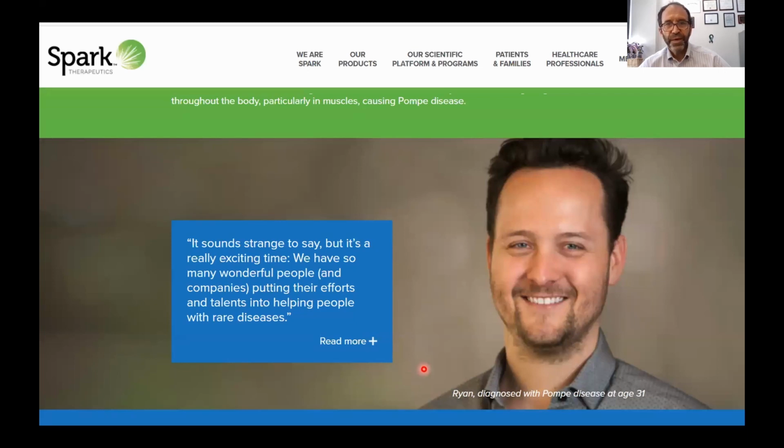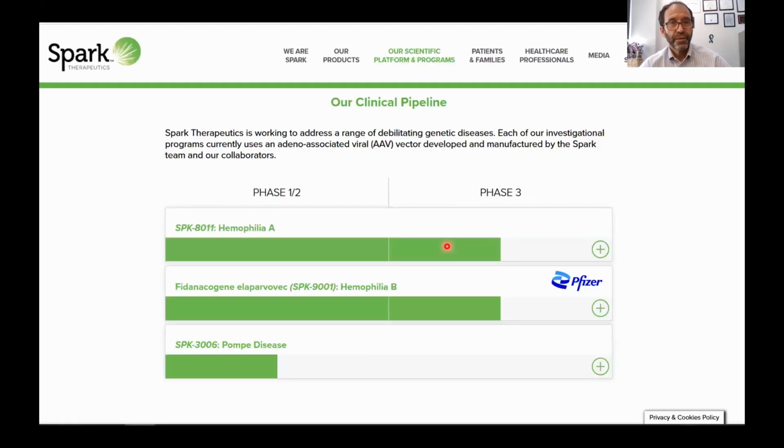With regard to Spark, I actually don't have information, but I really like this quote from their website. It sounds strange to say, but it's a really exciting time. We have so many wonderful people and companies putting their efforts and talents into helping people with rare diseases, and that's really inspiring. Being involved with this and hearing about all the work that's being done in the field.